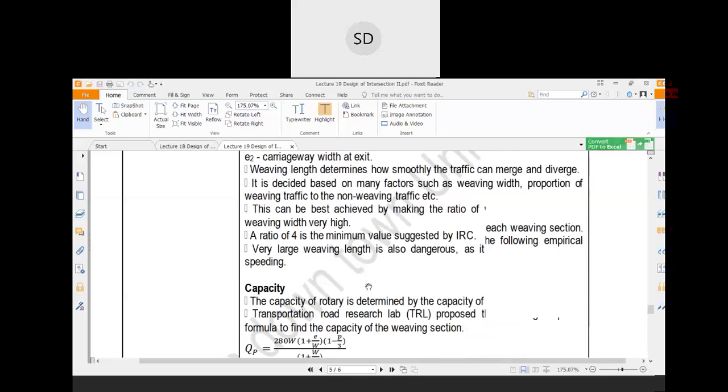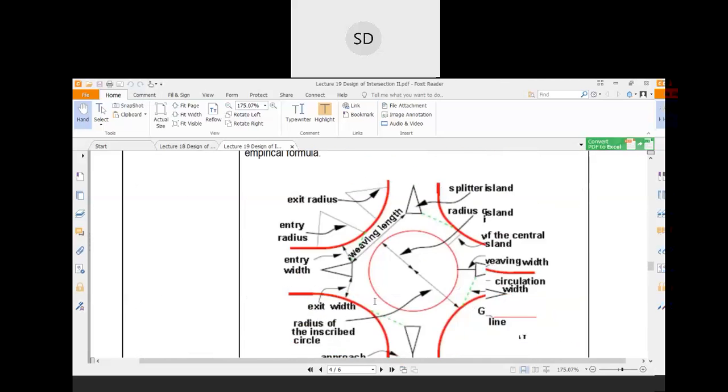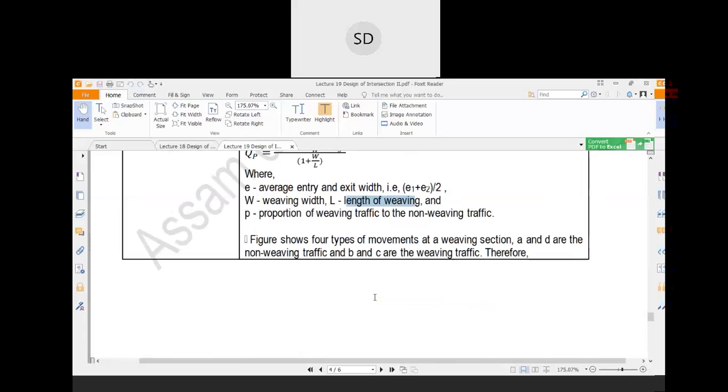L is the length of weaving. This is the weaving length.